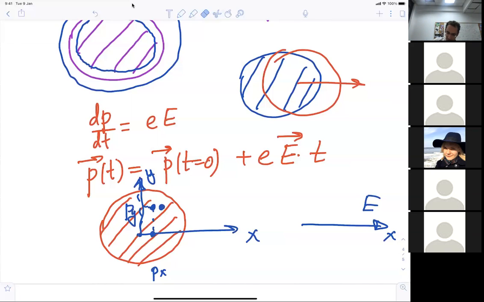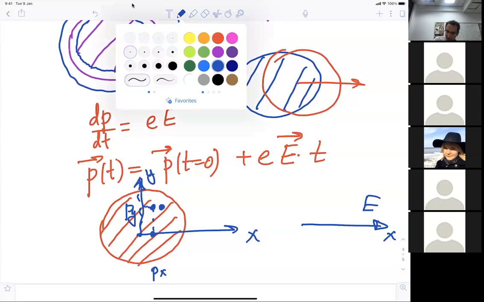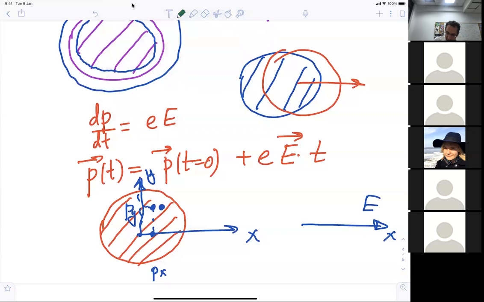What happens with another point? Let's choose another point. Let's pick a green point inside the Fermi surface and wait the same amount of time. So what would happen to this point after the same amount of time t? Where will it move?